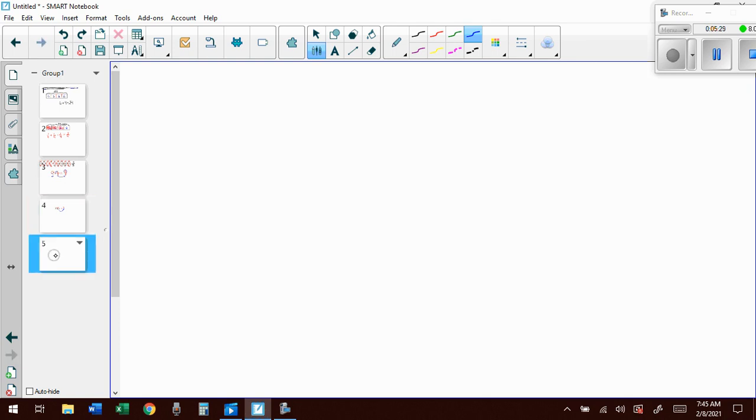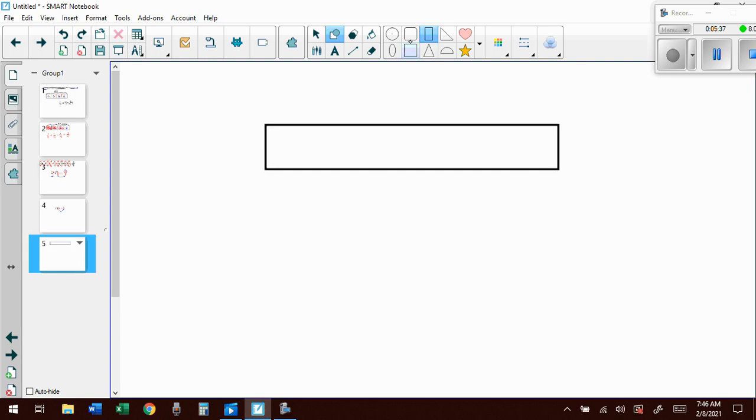Now we can break this up using our number bonds as well. So let's draw out a nice handy dandy little rectangle here. And let's partition this into fifths. Maybe with a hand shaky like mine, I should just use the pen tool.